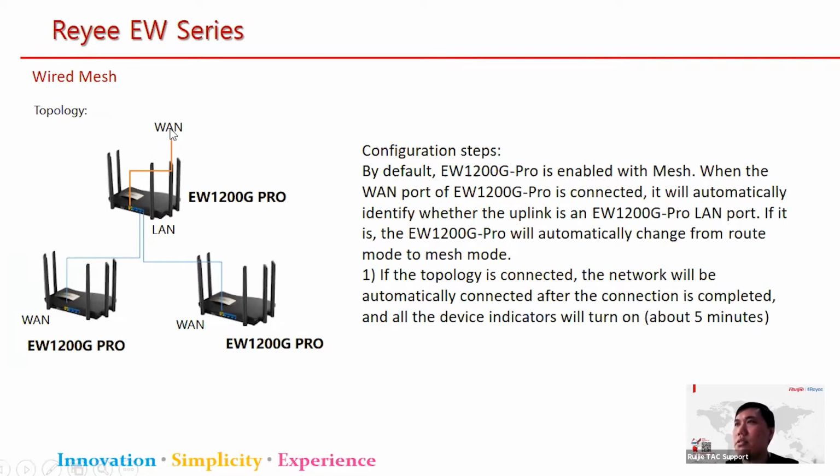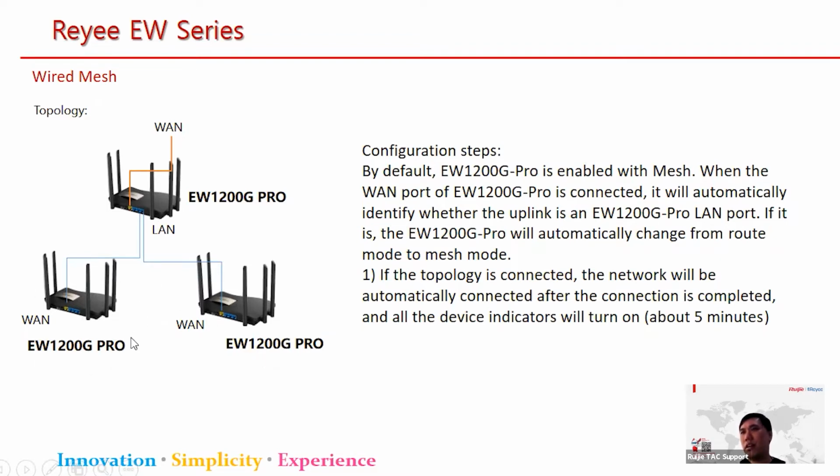You just need to configure the WAN port, PPPoE or DHCP; it supports three types of configuration. Then connect a LAN port to the WAN port of the second unit, and another LAN port to the WAN port of the third unit. The wire mesh will be set up automatically. You don't need to do anything else; just configure the main unit so it can connect to the internet service provider. This is a very easy, very convenient setup.